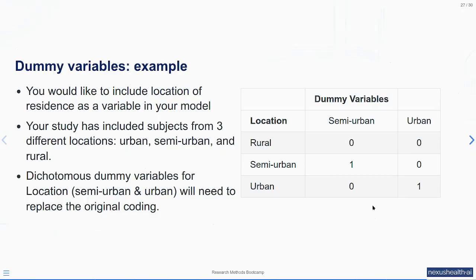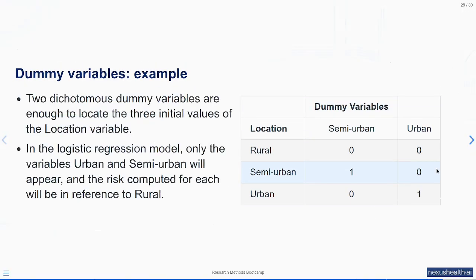So semi-urban, urban. All right. Two dichotomous dummy variables are enough to locate the three initial values of the location variable. So in the logistic regression model, only the urban and semi-urban will appear. The risk computed for each will be in reference to rural.